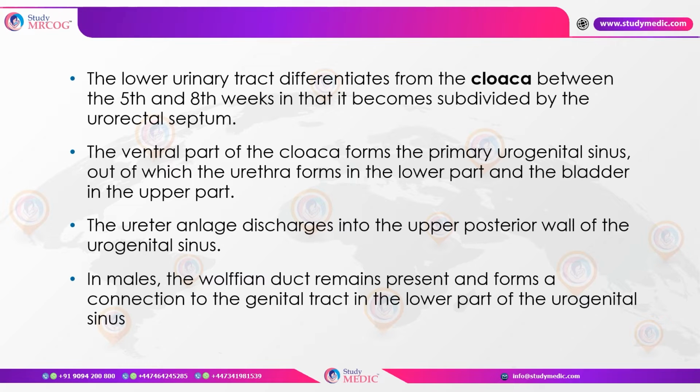Now from the primary urogenital sinus, we have development of the urethra in the lower part and bladder in the upper part. The urethra at large discharges into the upper posterior wall of the urogenital sinus. In males, the Wolffian duct is going to remain present and forms a connection between the genital tract and the lower part of the urogenital sinus.